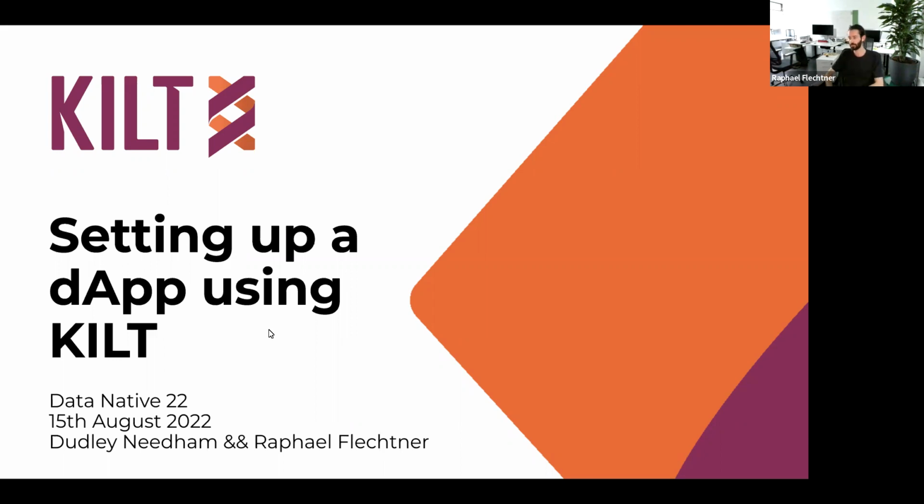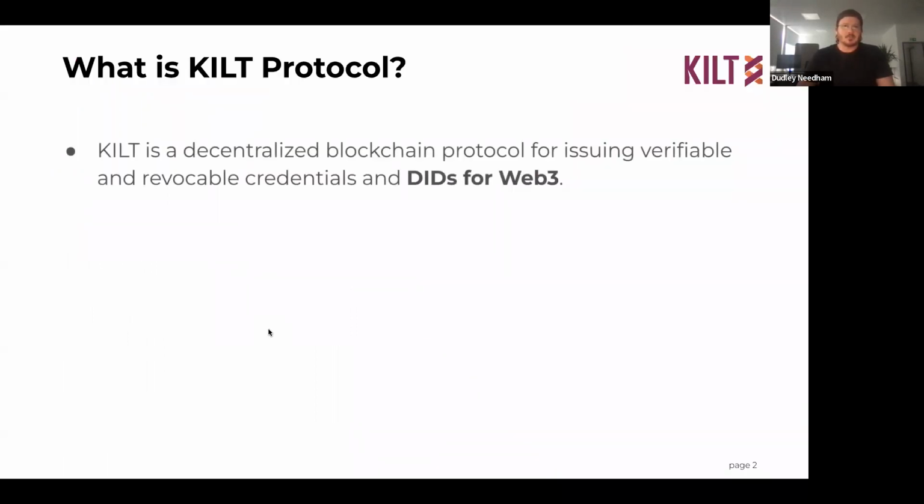Yeah, all righty then. So I'll just go over this demo case and the slides just to elaborate what KILT does. In case some of you don't know, KILT is a protocol built on blockchain technology, and what we want to do is issue and verify credentials, and these credentials can be revocable.